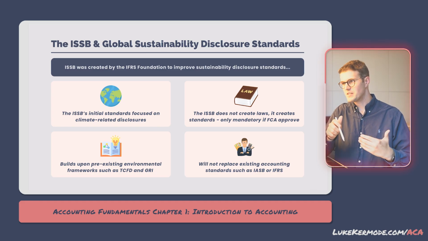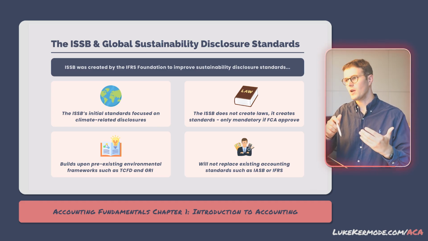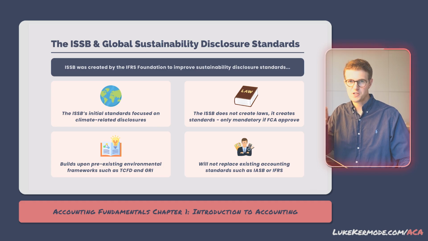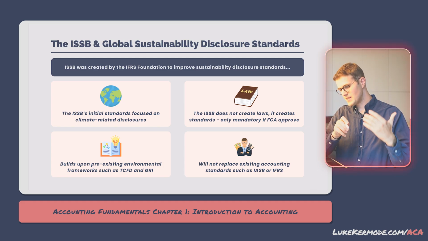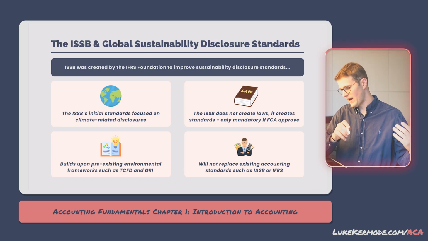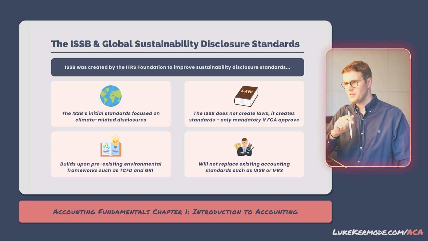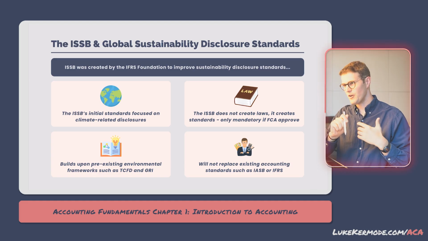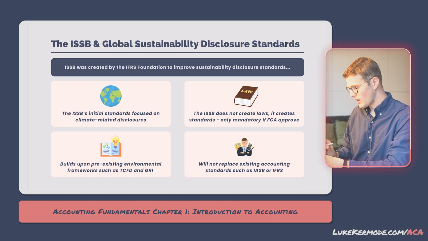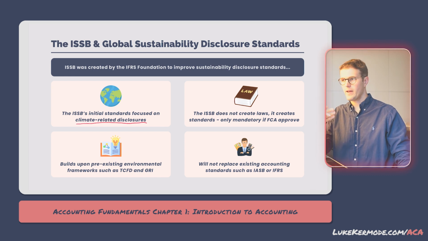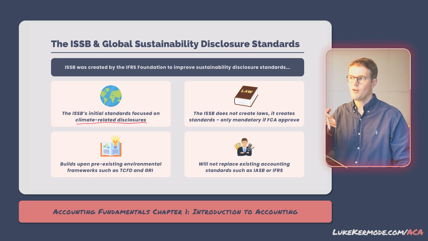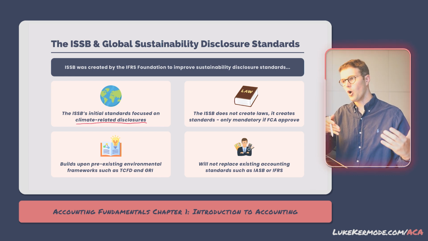The ISSB was established to improve the quality of sustainability disclosure across companies and across countries. Its aim is to give investors better insight into how ESG factors could impact a business's long-term performance. Initially, the ISSB's standards focus specifically on climate change and climate-related disclosures, building upon the growing global concerns about climate risk, but since it's become a lot broader.